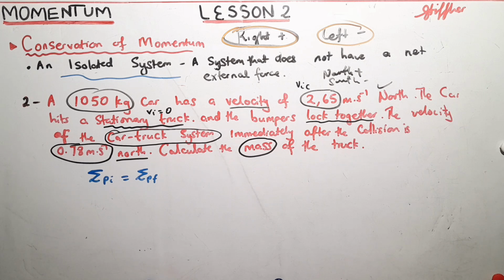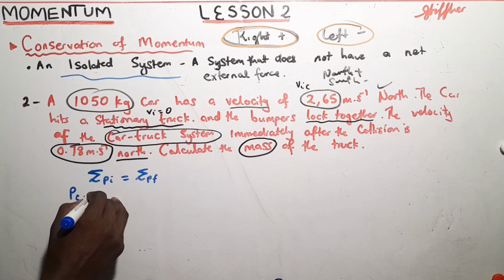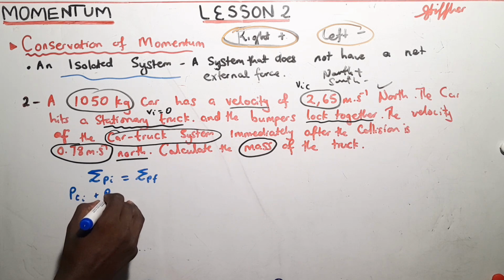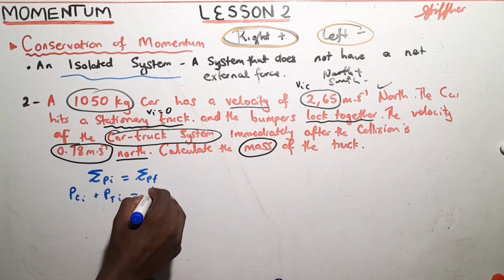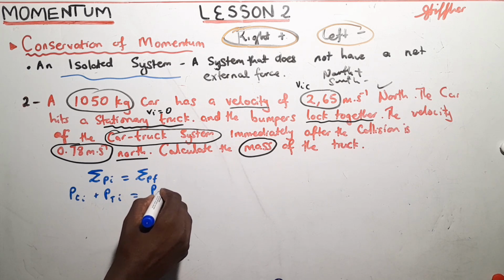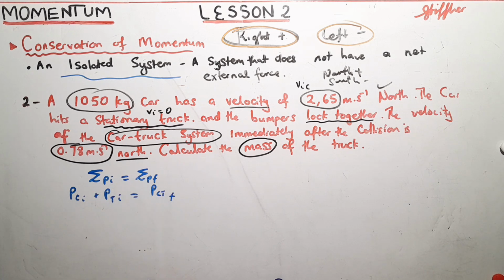So the momentum of the car initially plus the momentum of the truck initially is equal to the momentum of the car-truck finally, because now they are a system.